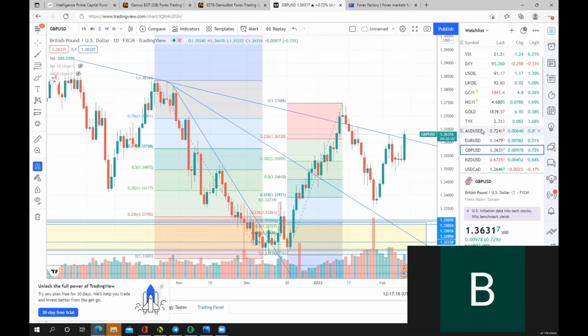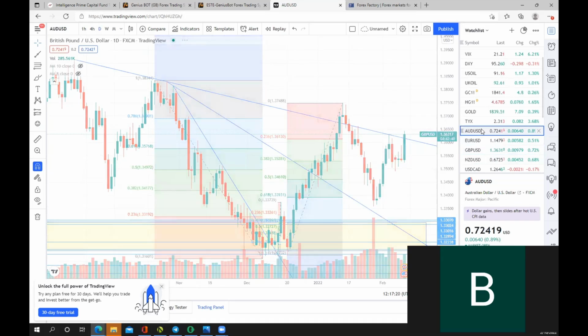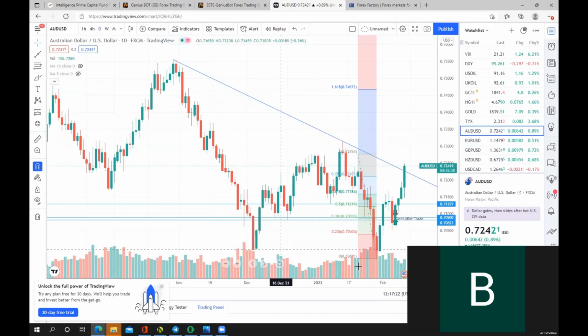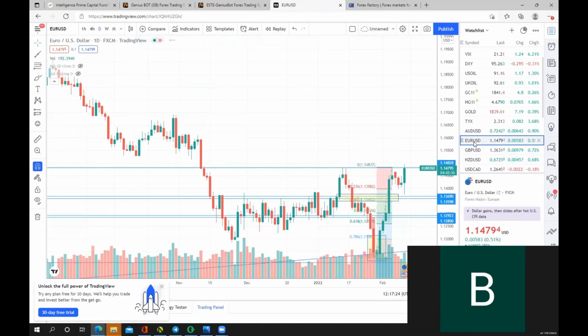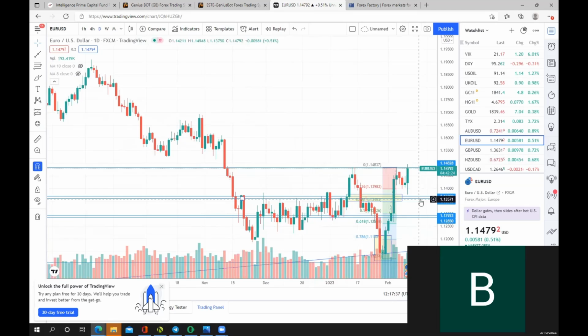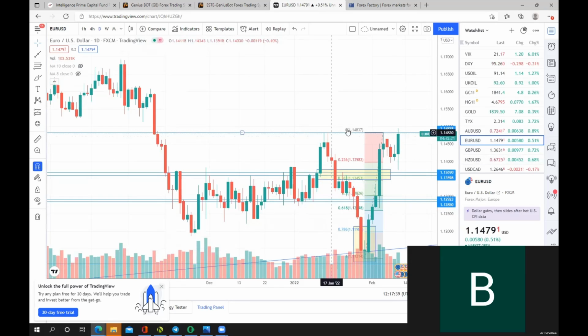Pound is different compared to, say, the Aussie. You have a lower low, compared to the euro, you also have a lower low. But because this created a new higher high, it has to create a higher low somewhere. So that's also good news with this one. Creating new highs, higher lows. So we'll see based on that.